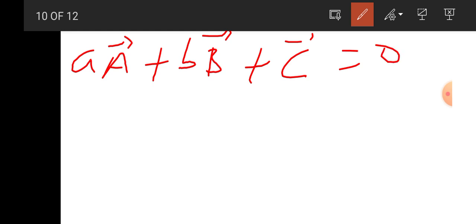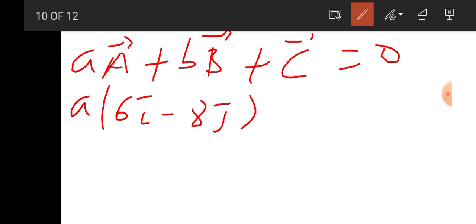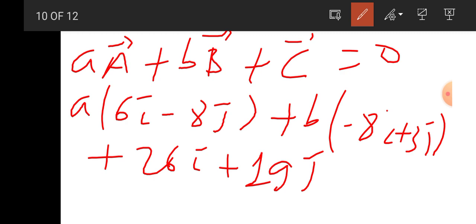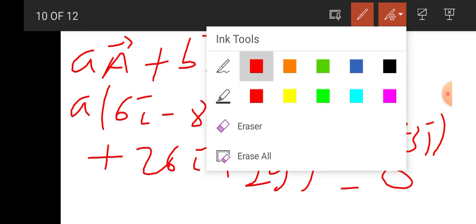A into vector A, that is 6I minus 8J ማለት ነው vector A, plus B into vector B, minus 8I plus 3J ነው, then plus vector C ማለት 26I plus 19J, which is equal to 0.